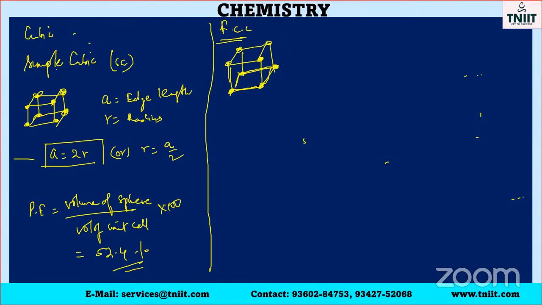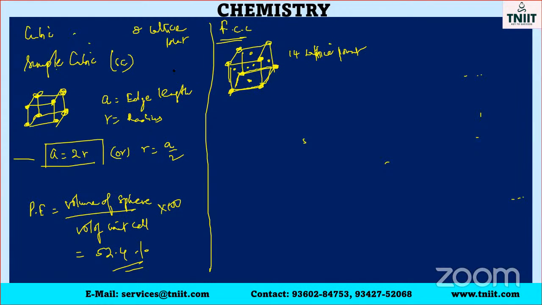So 6 faces we have, and in the center of the 6 faces you will have particles. So totally 14 lattice points we have. In a simple cube, we have only 8 lattice points because we have particles only at the corners. In face-centered cubic, we have 14 lattice points.